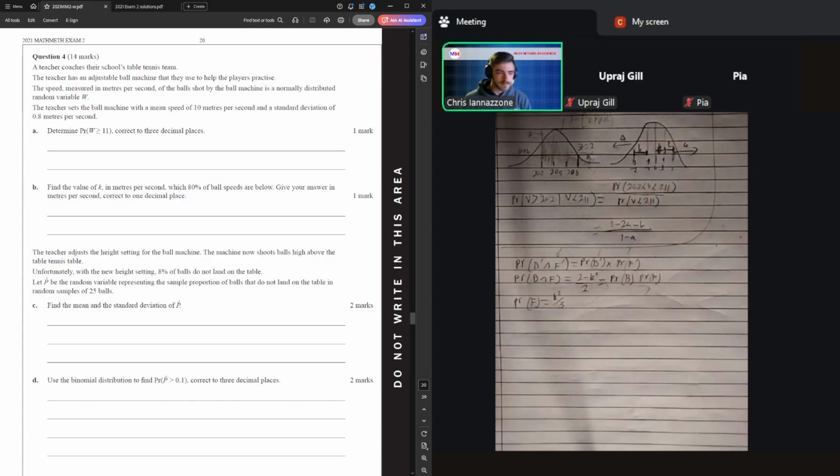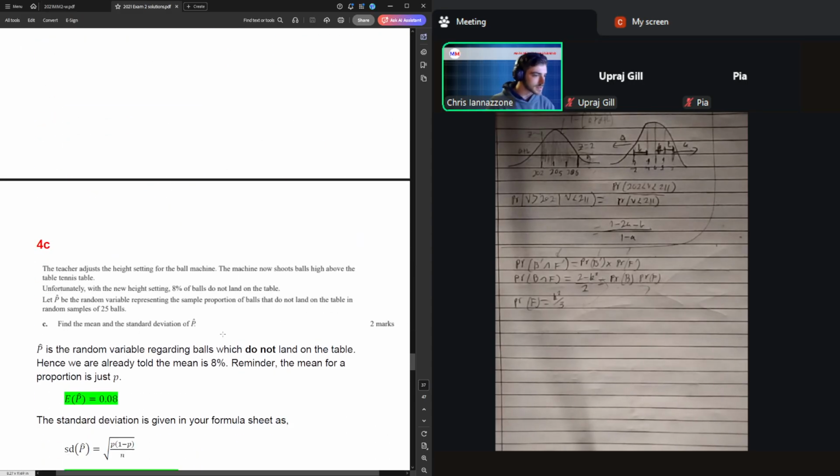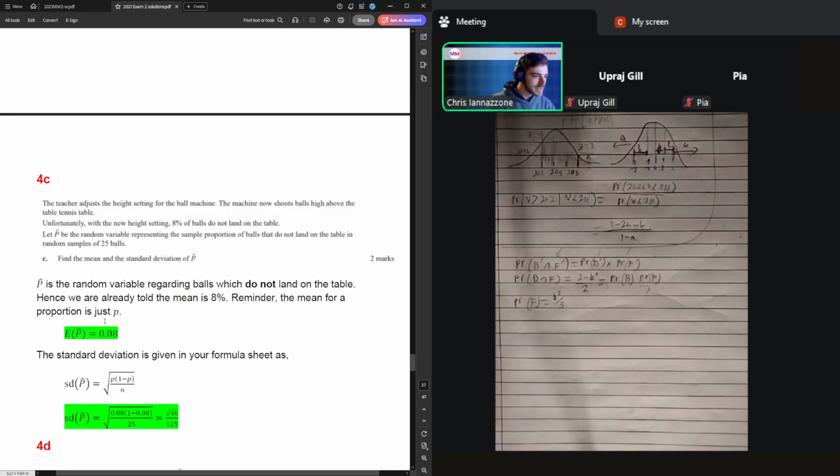Standard deviation. Bit harder to type out, given that there's going to be a root in it. Root 46 on 125, yep, that's good. So seeing what both of those look like.